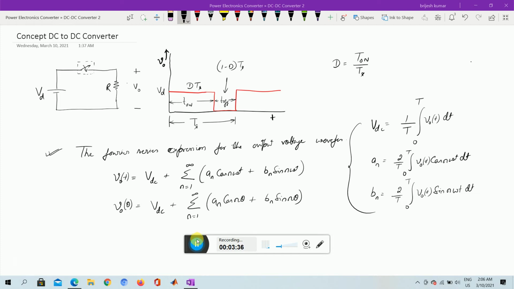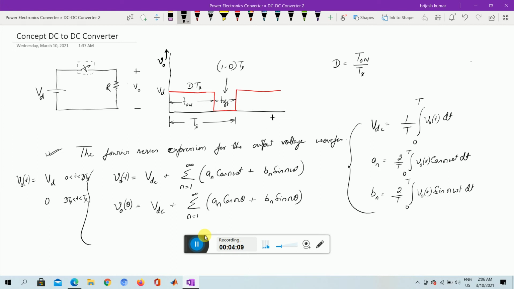Let us evaluate these values, and this is very simple because V0(t) is, we know, equal to Vd from 0 to D times TS, and it is equal to 0 from D times TS to TS.